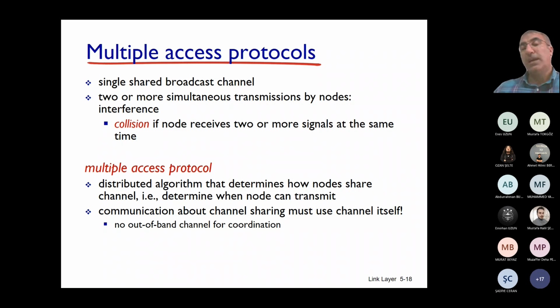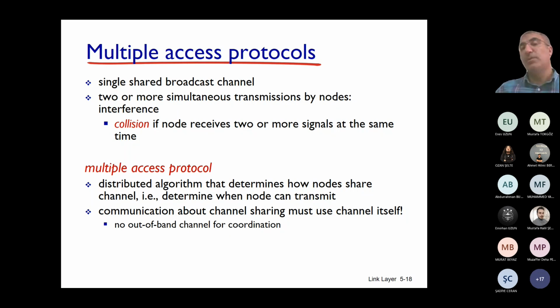So when a collision happens, a node receives two or more signals at the same time, right? So there are two mobile devices trying to access at the same time. At the receiver side, at the Wi-Fi access point, they may collide with each other, which is going to create a collision.